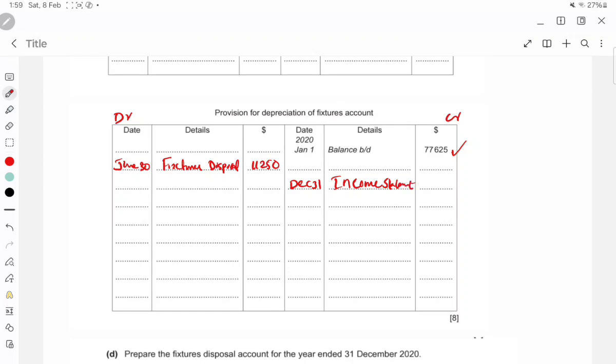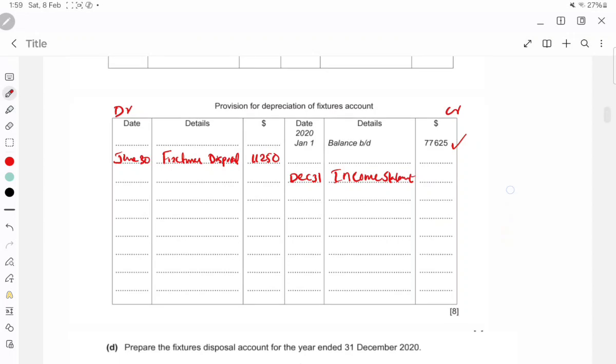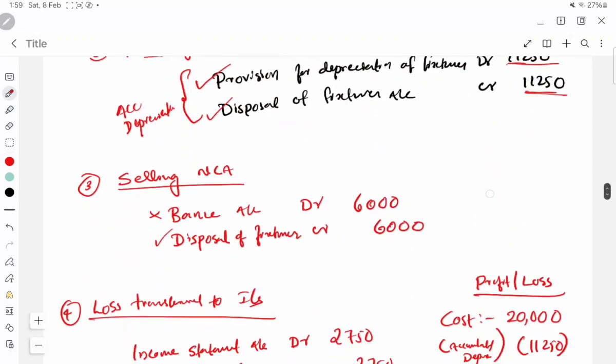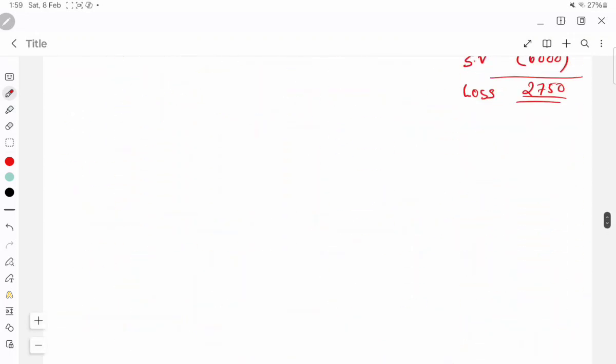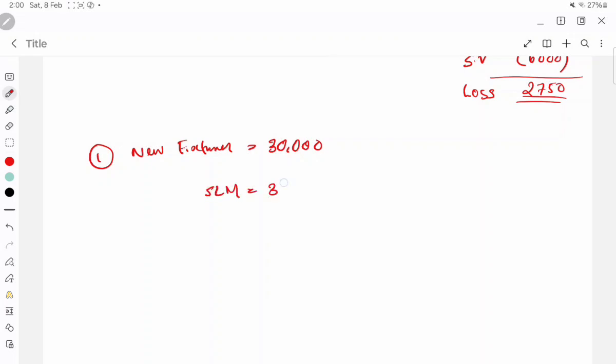So first we will transfer the amount using the straight line method. I will show you the calculation. First I'm taking the new fixtures which we purchased. The cost price of the fixtures is 30,000. So how will we calculate using the straight line method? 30,000 as per the question.